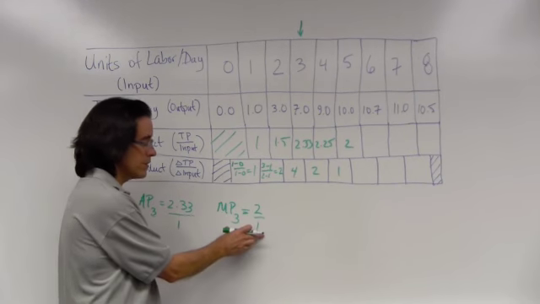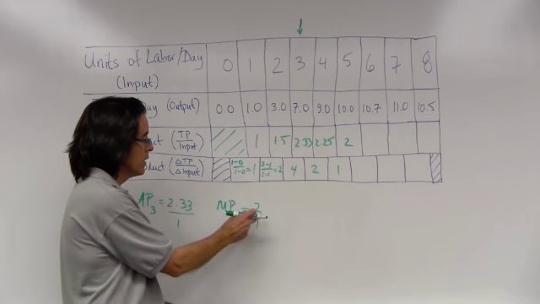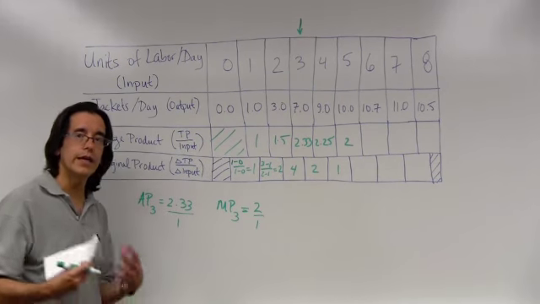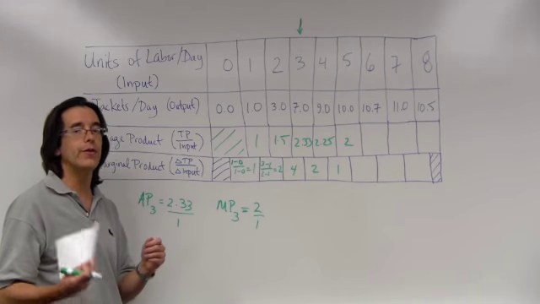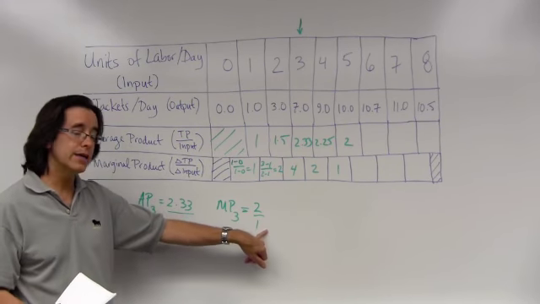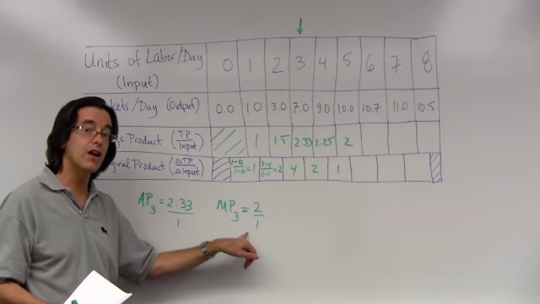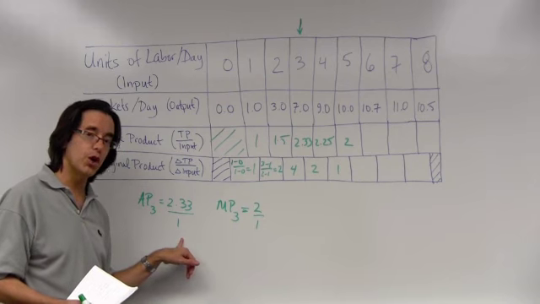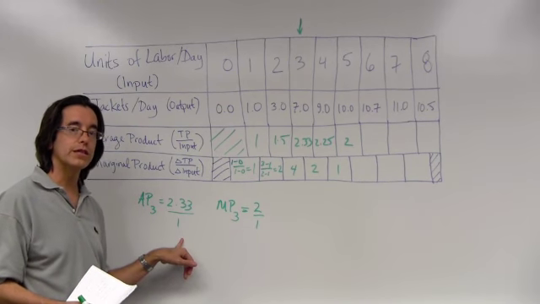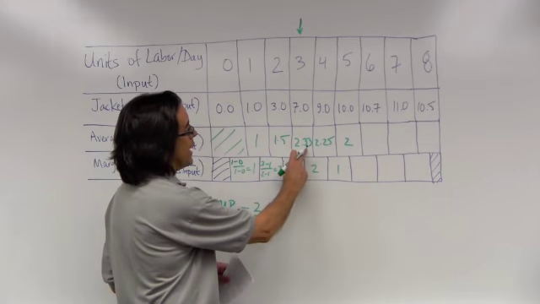Our next quiz, the impact of using 1 more unit of labor, is 2. So if we used another unit of labor, because the marginal product is less than the average product, because our next quiz is below our quiz average, we would expect to see our average product go down. And that's in fact what happens.